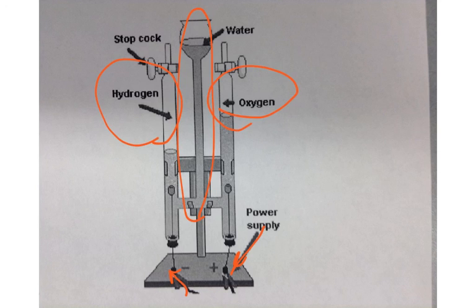A very similar process is used on a nuclear submarine, and what they do for the nuclear submarine is they take the water from the ocean, and they use nuclear power. That's the whole point of the nuclear sub, is to use nuclear power. And they use that nuclear power to break the water that's found in the ocean, and they break it up to produce hydrogen and oxygen.